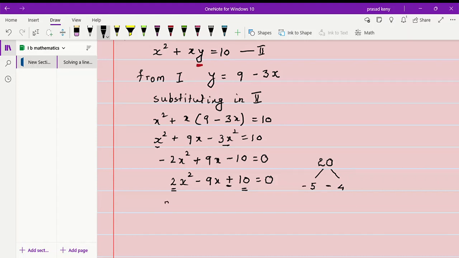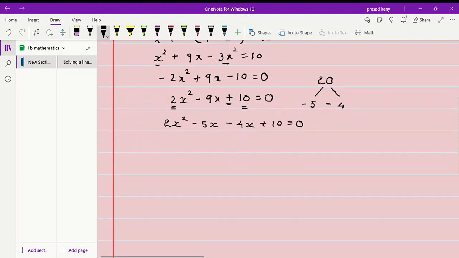So 2x square minus 9x, split it up as minus 5x minus 4x plus 10 equal to 0. Now group the terms. Group the first two terms. Take x common here, so you'll get 2x minus 5.